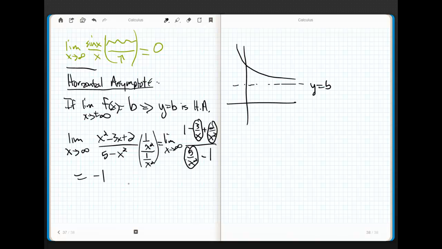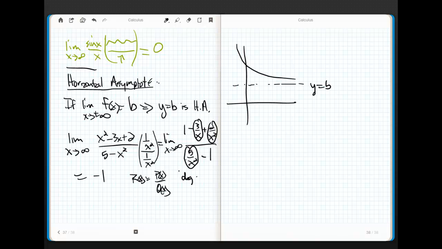Now you may remember, God, I hope you remember, that back in pre-calculus and Algebra 2, what we knew is, if I have a rational function r of x equals p of x over q of x, let's think about this.